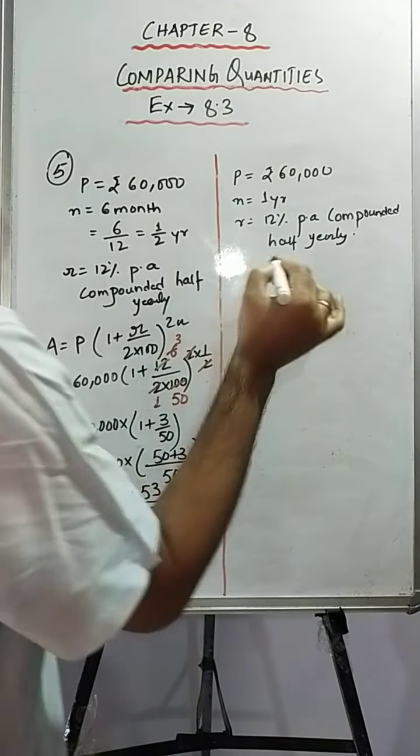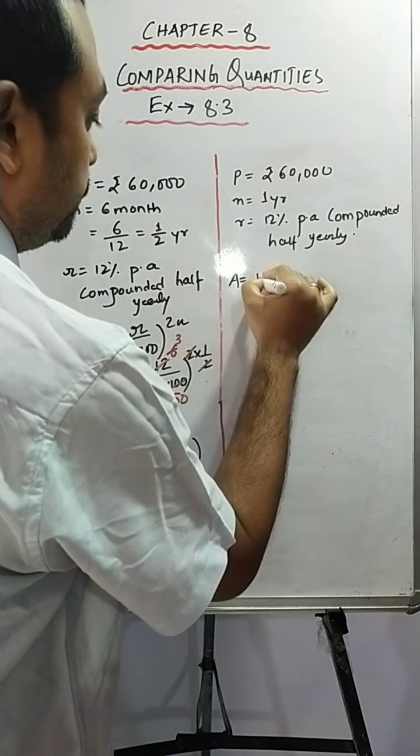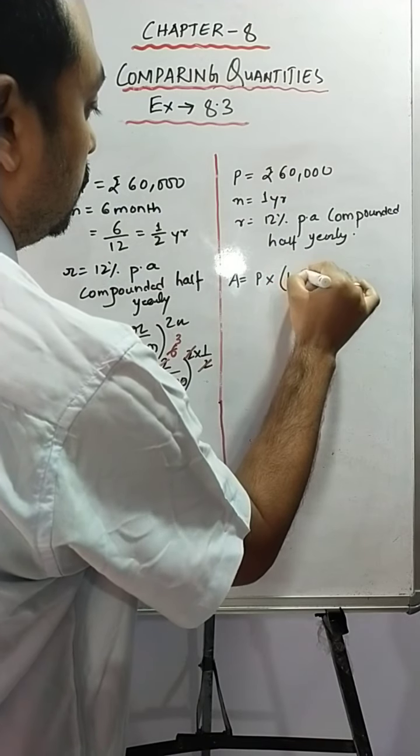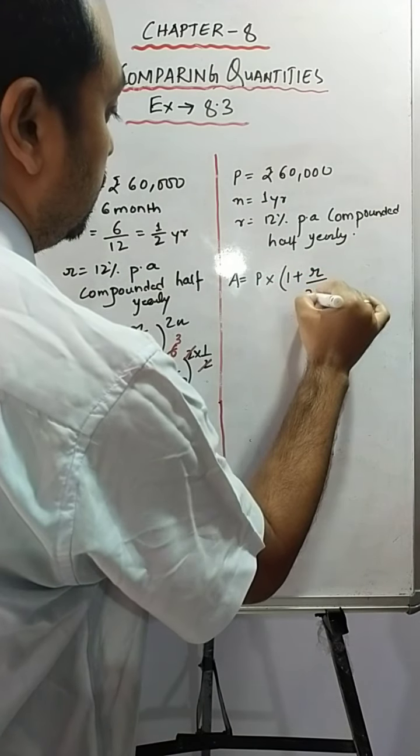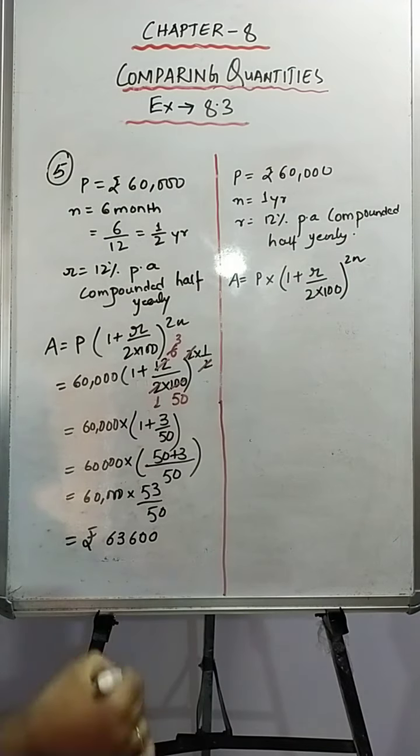Okay, now again we'll write the half yearly formula, that is P into 1 plus R by 2 into 100, to the power 2n.